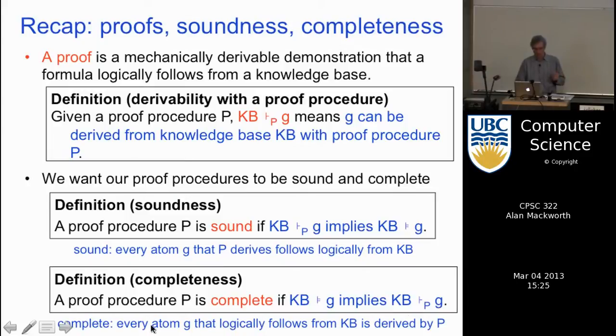So completeness says every atom G that logically follows from the knowledge base is derived by the mechanical procedure P, which does it without enumerating all interpretations, all models, and doing that incredibly tedious stuff. It just grinds away on the theory itself. It doesn't even look at the interpretations. But if we can prove that P is sound and complete, we've got an ironclad guarantee that we're only going to prove theorems. And that seems like a good thing to have, right?